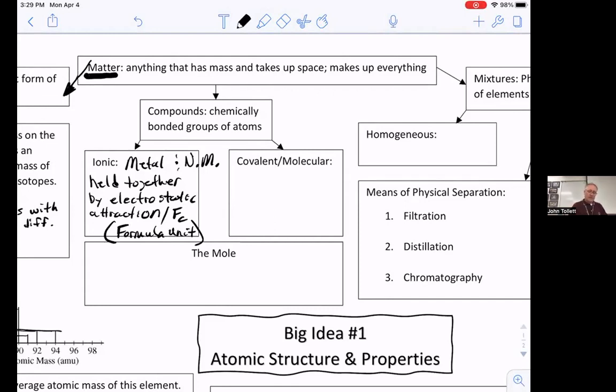Over on the right, we've got covalent molecular compounds. These are where you're going to have two or more nonmetals, and they share one pair or more of electrons. These could be polar, they could be non-polar.